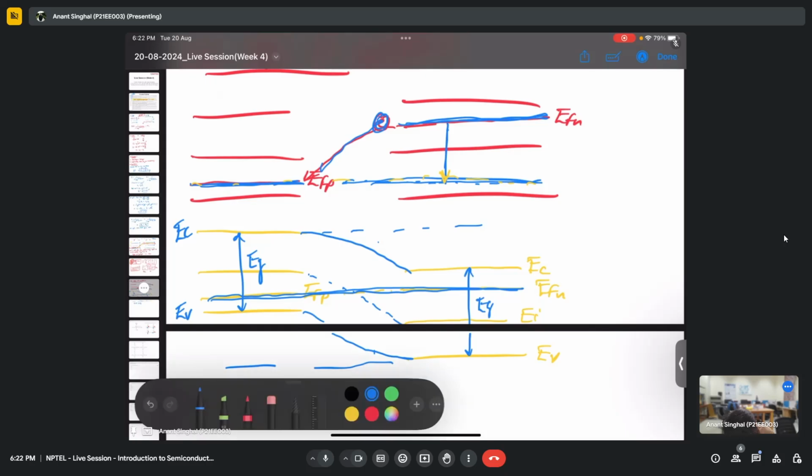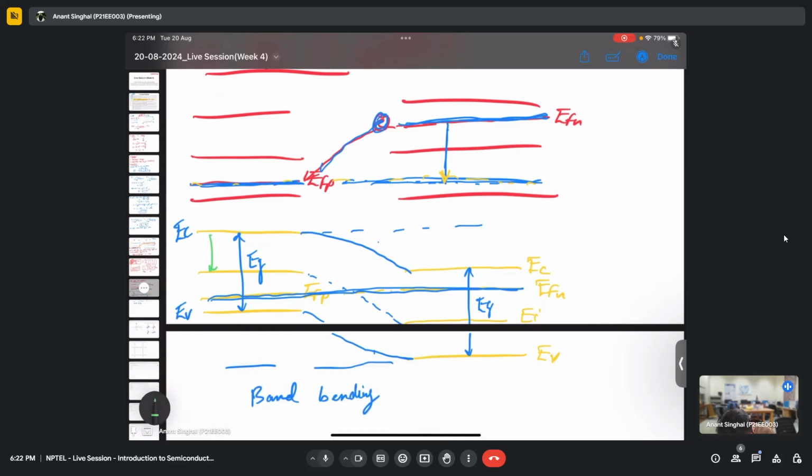This will always be EG by 2 since I'm talking about EI, so it will always be EG by 2 for both the bulk cases. Here also we will have an EG. The difference will always be EG. Does it make sense? This is what band bending is.